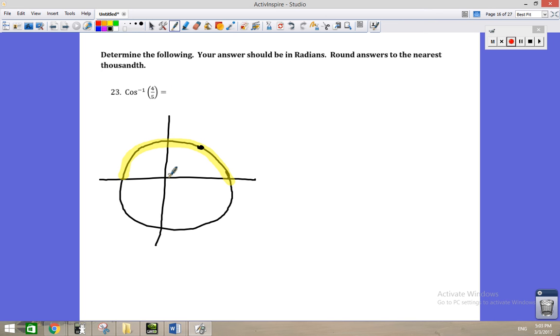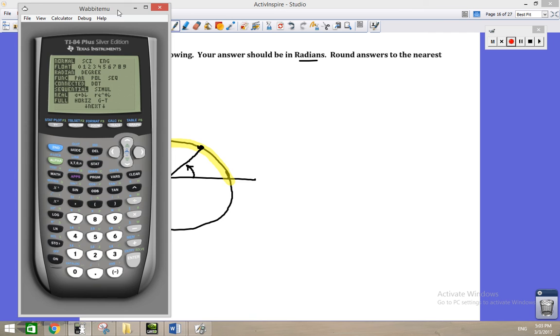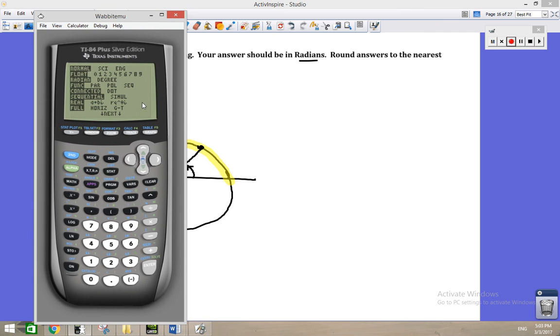So I'm going to have to use my calculator to have it tell me what this angle is. It wants us to be in radians, so check your mode. Right now I'm in radians, and it wants the nearest thousandth, to 3 decimals.